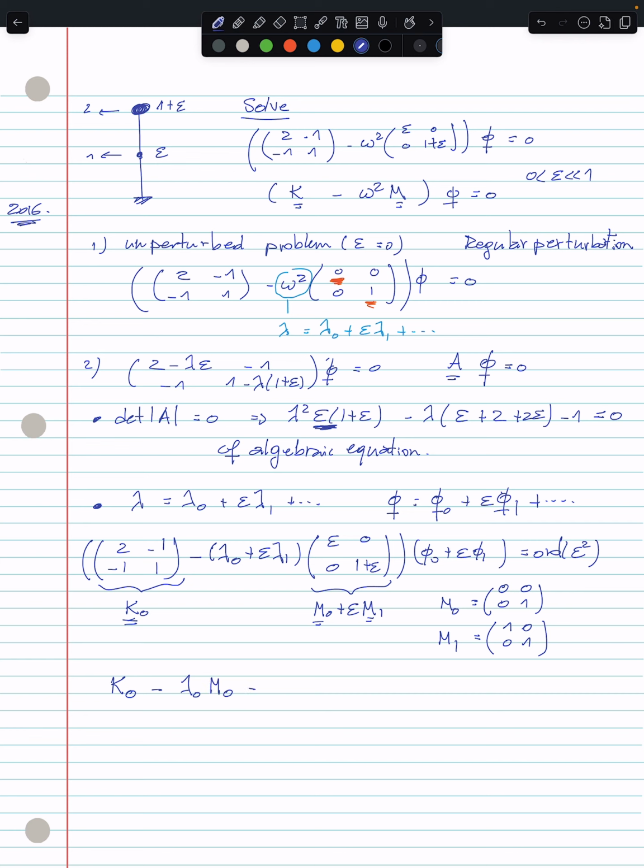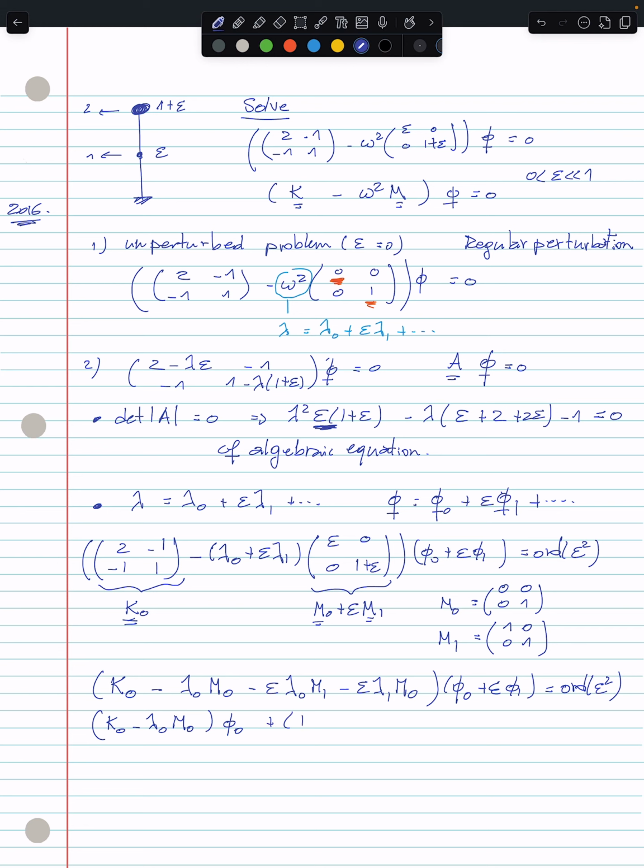All right, so what we have is K0 minus lambda 0 M0 minus epsilon lambda 0 M1 plus epsilon lambda 1 M0, all of this multiplied by the eigenvector. And then we can expand this once more. What we have is K0 minus lambda 0 M0 multiplied by phi 0.